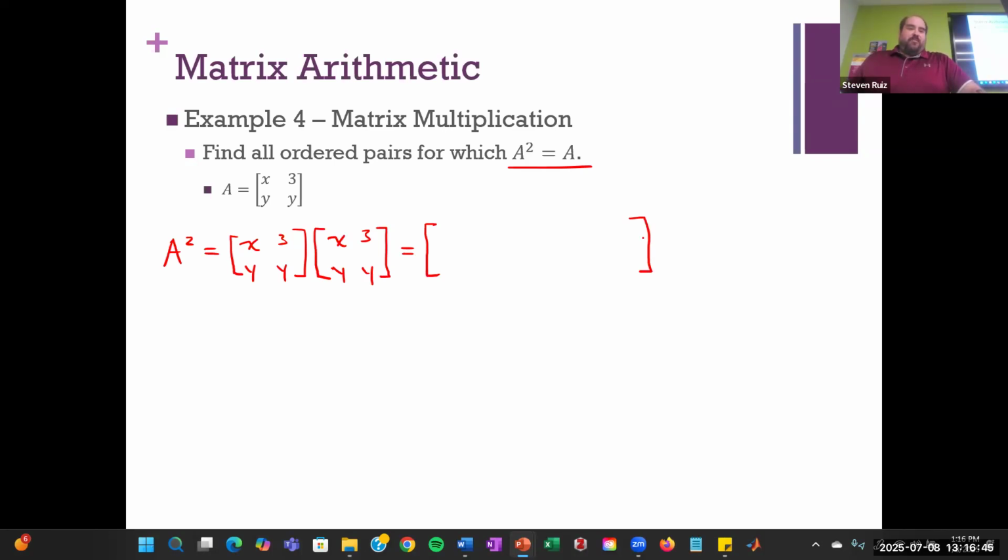Help me fill it out. What goes in the top left? X squared plus 3y. X times x plus 3 times y. How about the other entry in the first row? 3x plus 3y.